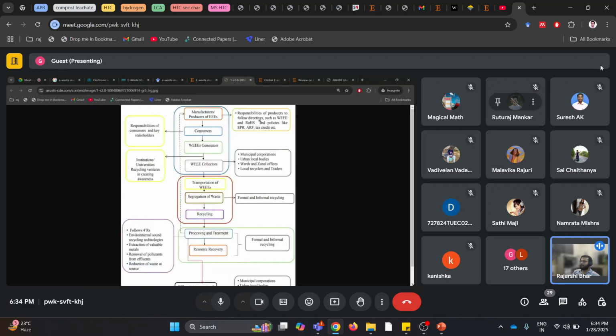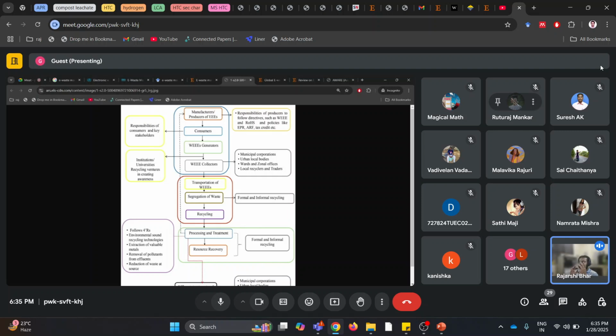and there is a term called extended producer responsibility, which is being promoted by governments all across the globe, where the producers or manufacturers of different equipment or materials have to be responsible for some kind of management system for the waste that will be generated at the end of life of those equipment.